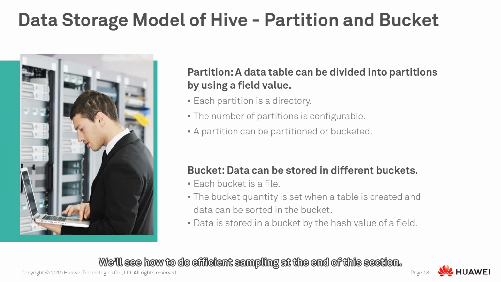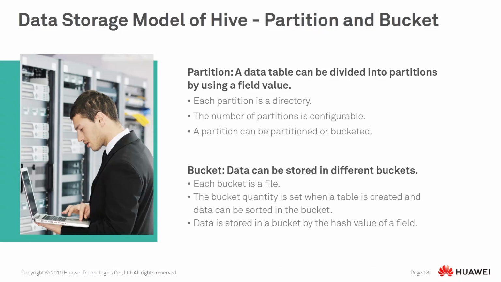We'll see how to do efficient sampling at the end of the section. Note that it's not necessary for tables to be partitioned or bucketed, but these abstractions allow the system to prune large quantities of data during query processing, resulting in faster query execution.